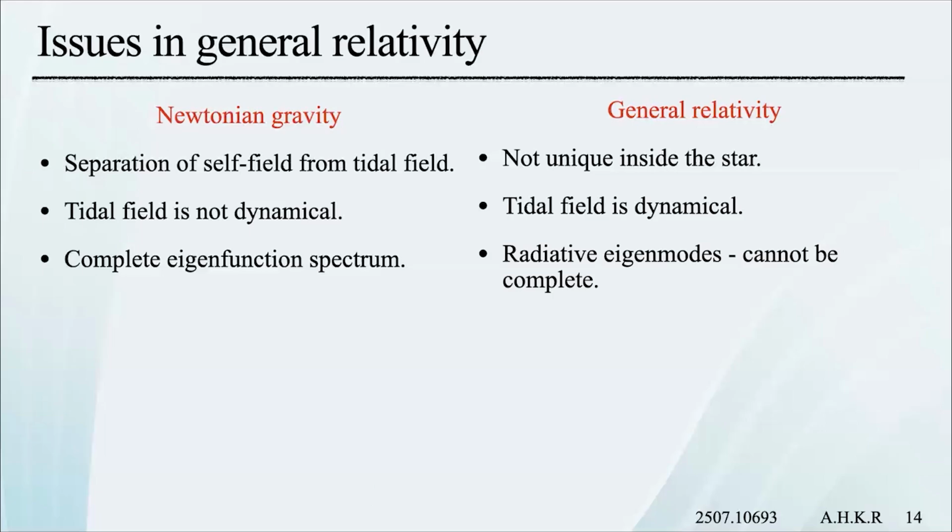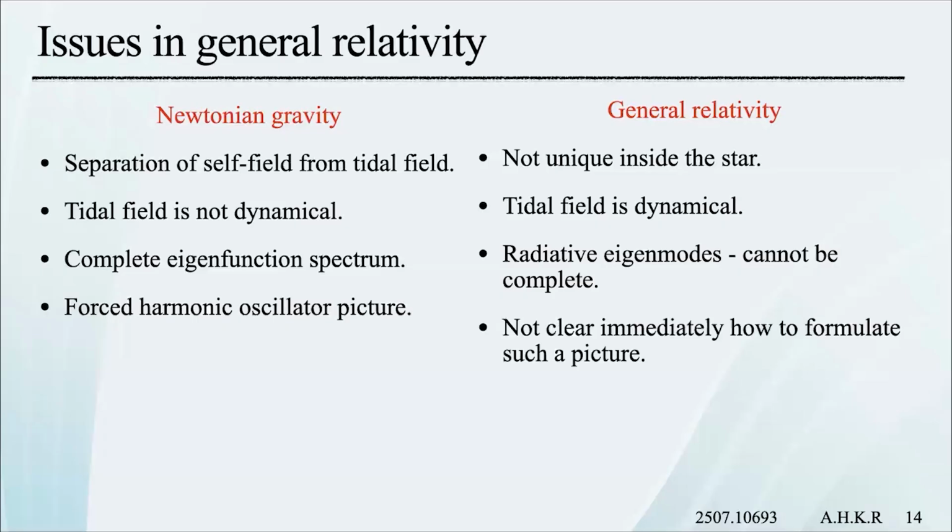So they do not form a complete set. And finally, there's a nice harmonic oscillator picture, but it's not immediately clear how to do that in general relativity. I'll try to answer these questions in the next few slides and show that you can answer all of them if you modify the relativistic treatment that is usually done.